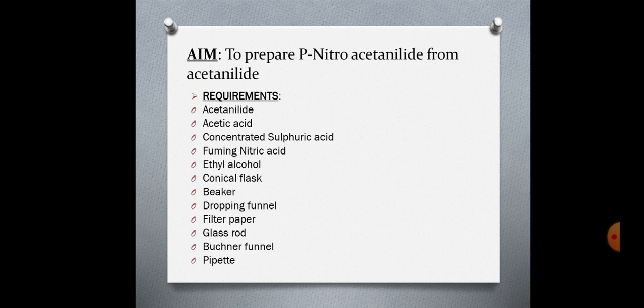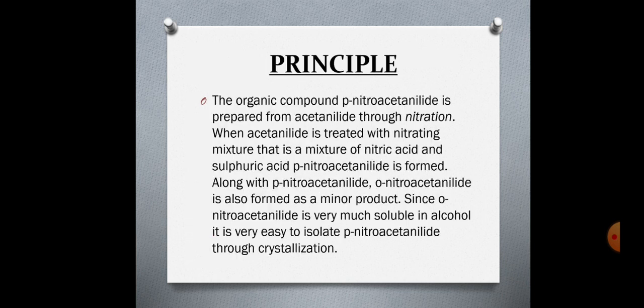So we further discuss the principle of the practical. The organic compound para-nitroacetanilide is prepared from acetanilide through nitration. It is a very easy process. When acetanilide is treated with nitrating mixture, which is a mixture of nitric acid and sulfuric acid, para-nitroacetanilide is formed.